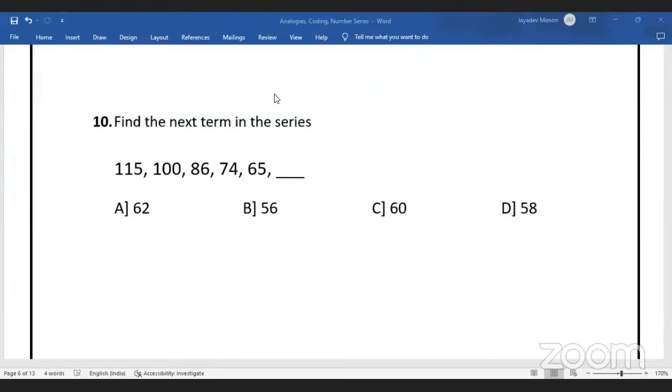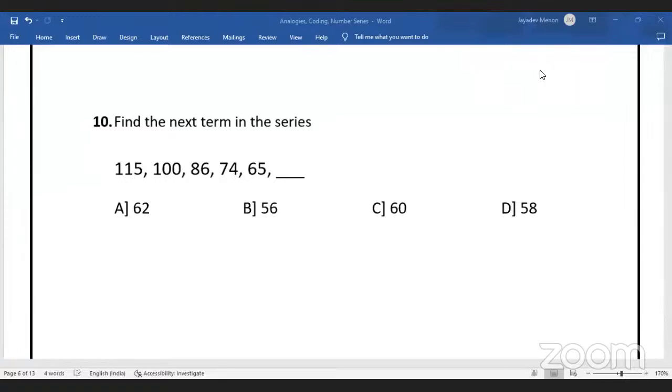Sorry, it's not 56. Yes. Very good, Kavya. 60 is correct. The answer is 60.